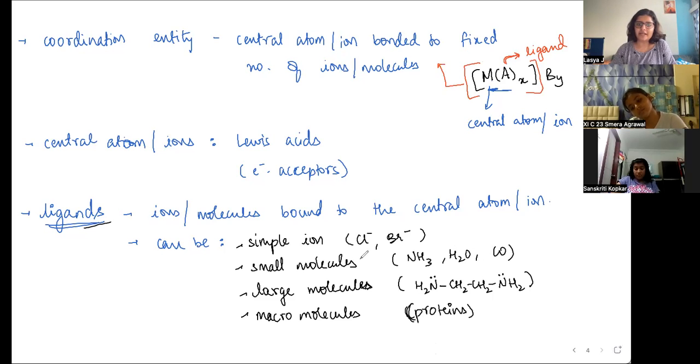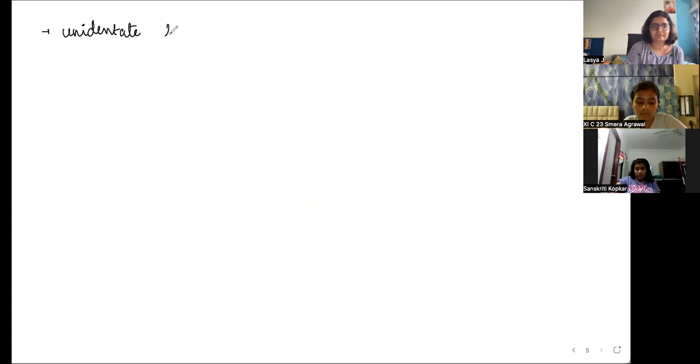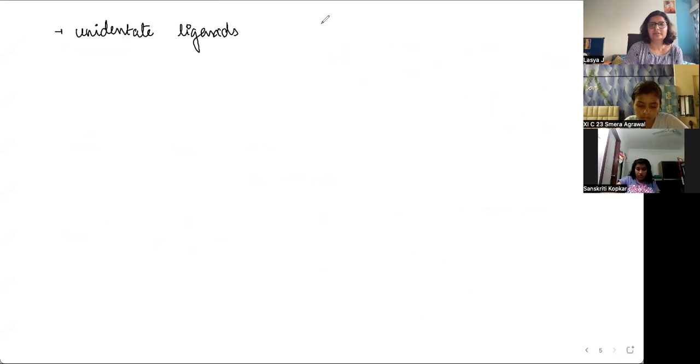Now, there are different types of ligands depending on how they are bonding with the central atom. Okay, Sanskriti, let me know when you're done. Then we look at the different types of ligands. Ma'am, I'm done. So you have unidentate ligands. Can you take a random guess what unidentate could mean?